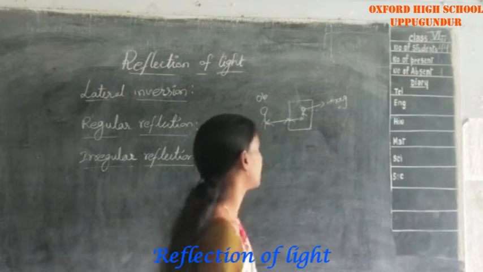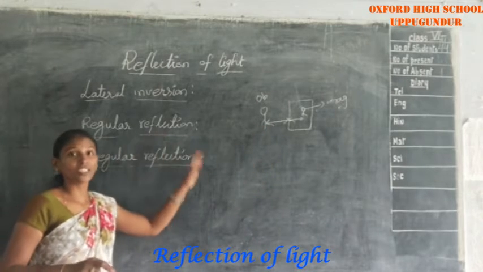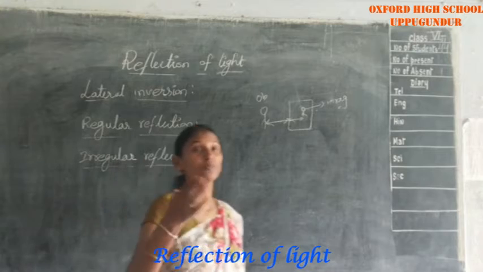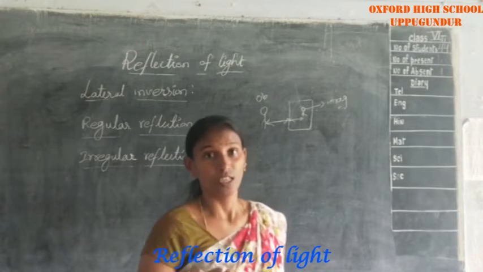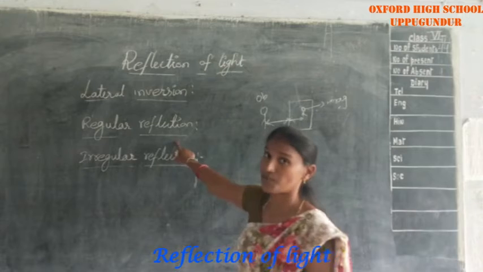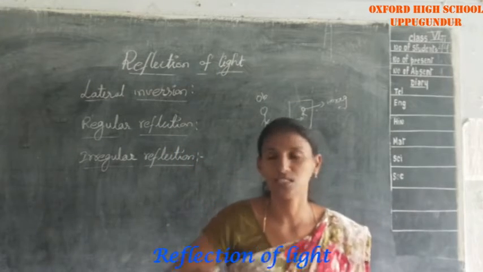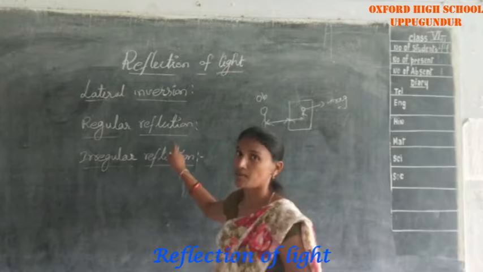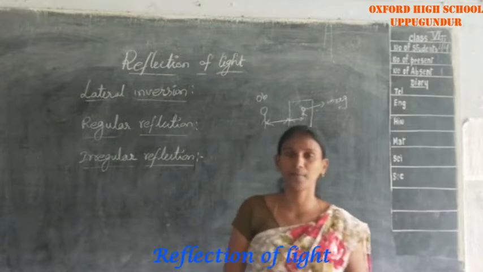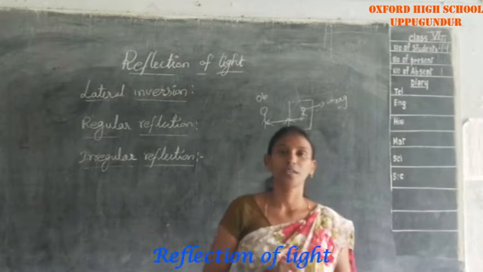Next, let us learn about regular reflection. Regular reflection means what you observe daily, your image in the plane mirror. You get a clear image, because you are observing a smooth surface of the mirror.